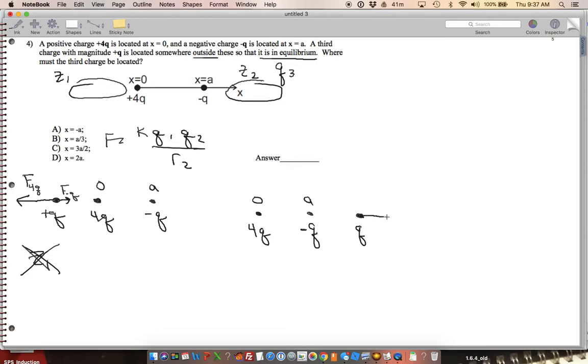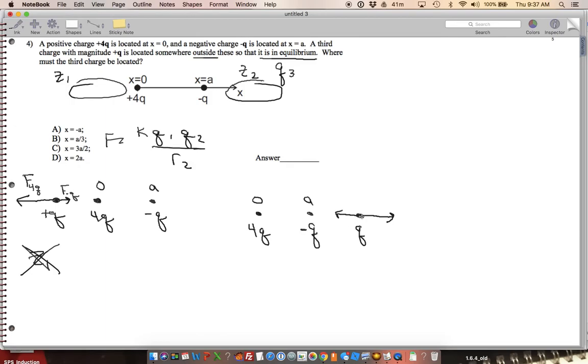So it's going to point away, but not as much as this arrow, because it's farther away. So when I think about the distance, it has to go through A plus whatever this distance is, whereas here it was just however far away it was. So this isn't as big. And then this one's going to point this way.